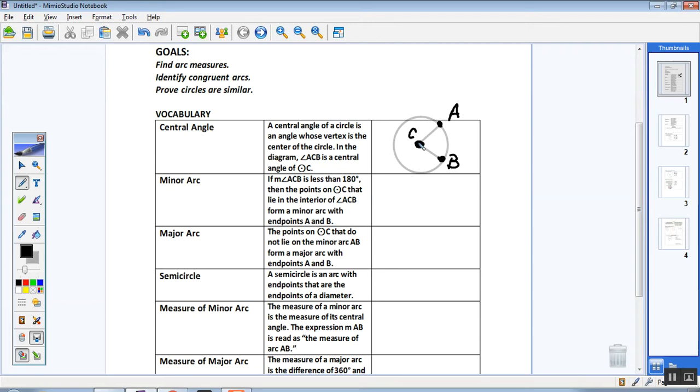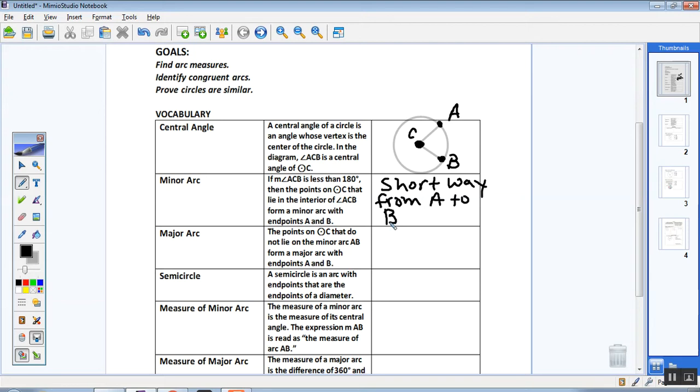Then the points on circle C that lie on the interior of ACB form a minor arc. So the minor arc basically is the short way from A to what? Minor arc is going to be the distance between the points.